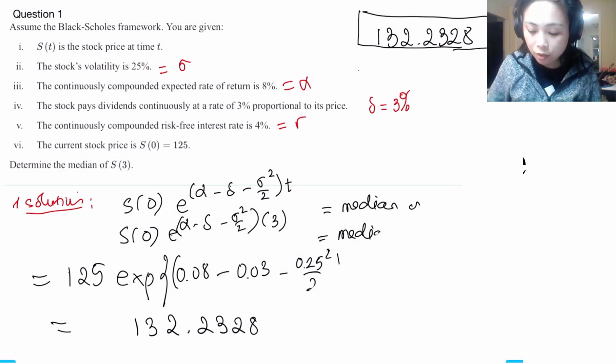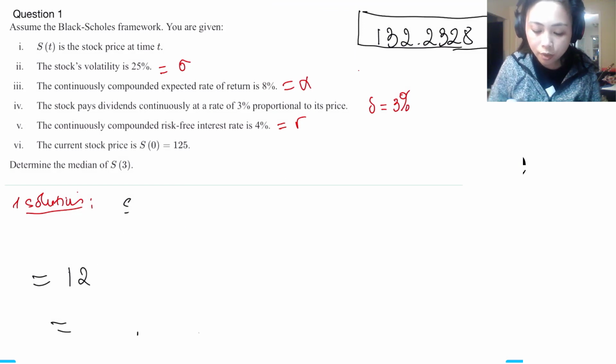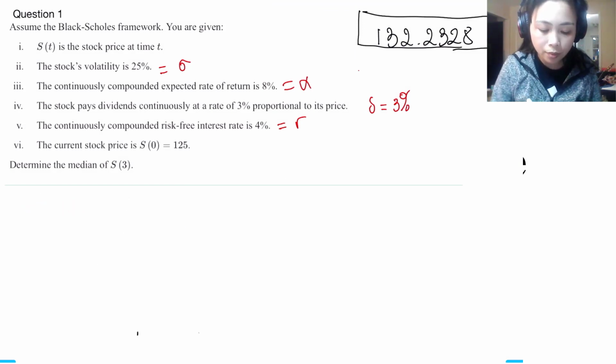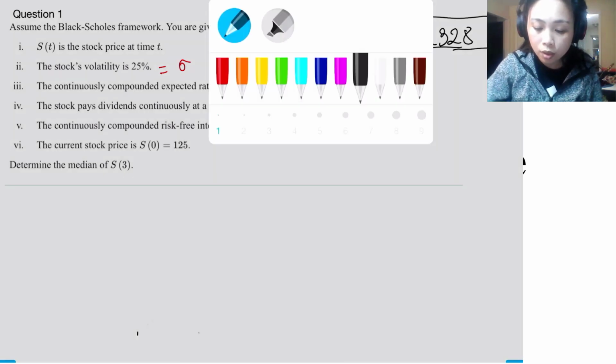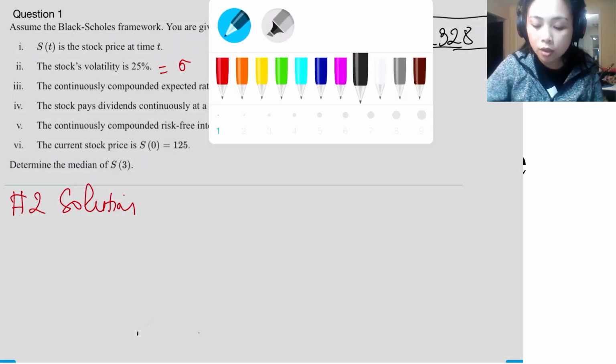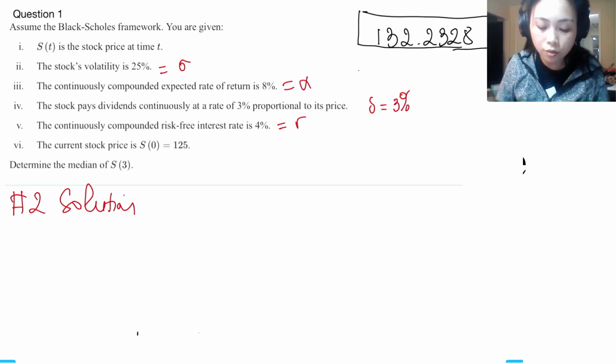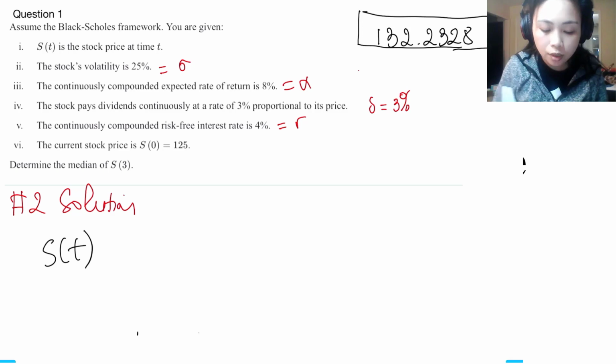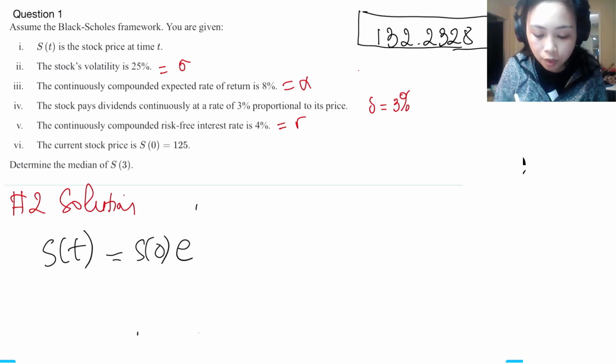The second solution is to look at the formula for S of t. The stock price model under the Black-Scholes framework is S of t equals S of 0 times e to the alpha minus delta minus sigma squared over 2 times t, plus sigma square root of t times Z, where Z follows the standard normal distribution.